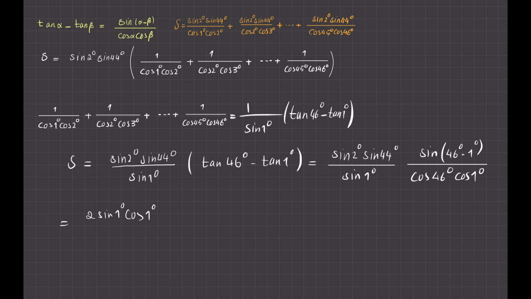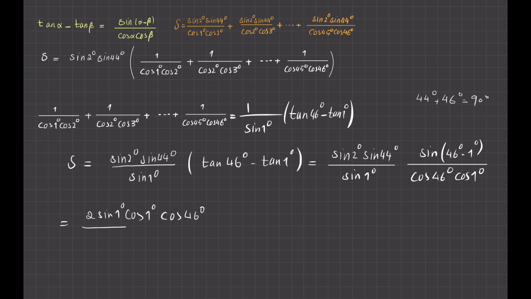Another observation that I can make is that this 44 degrees and 46 degrees are complementary. 44 degrees plus 46 degrees is exactly 90 degrees. So we know that sine of one of them is equal to the cosine of the other one. So instead of writing sine 44, I can simply write cosine 46.